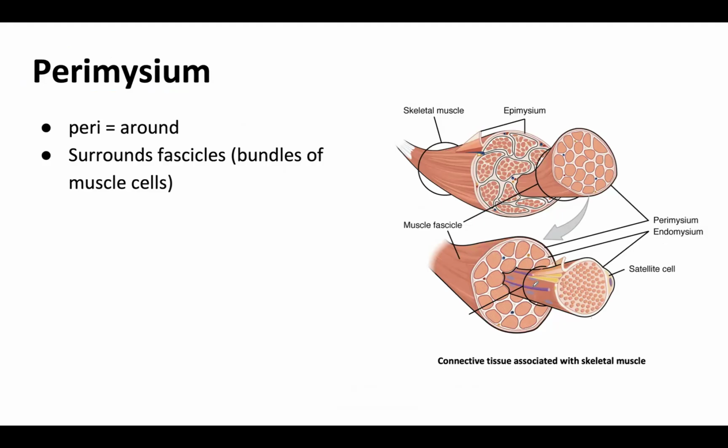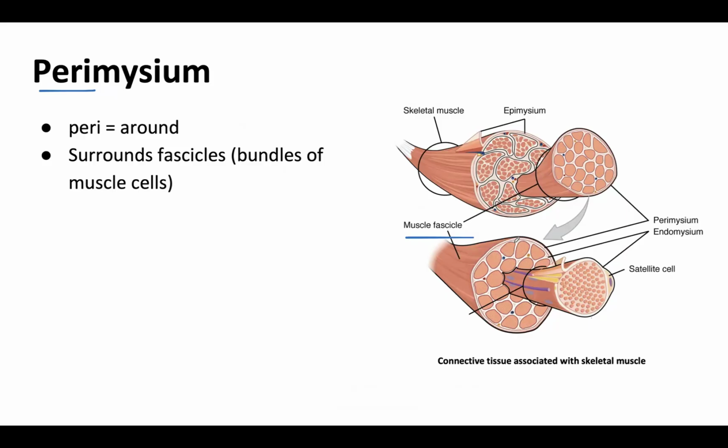Next, we have the perimysium, with peri meaning around, and this connective tissue will be around a collection of muscle cells called a fascicle. Fascicle size can vary greatly, from having about 10 muscle cells to up to 100 muscle cells bundled together by this perimysium.